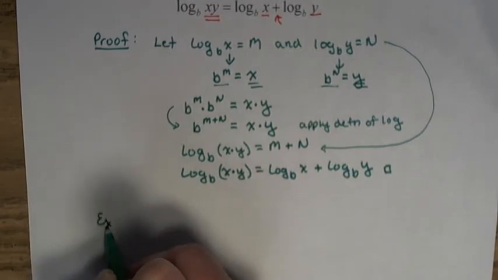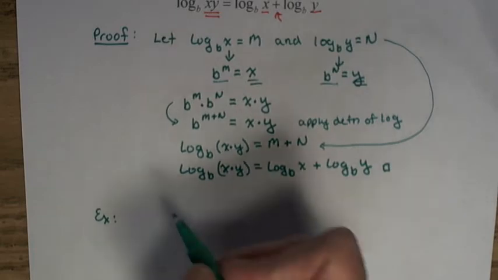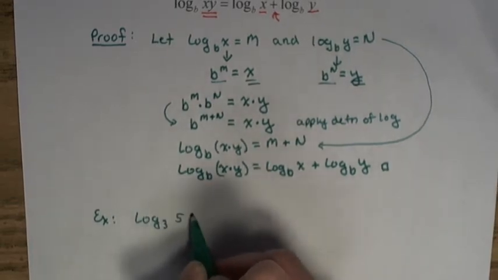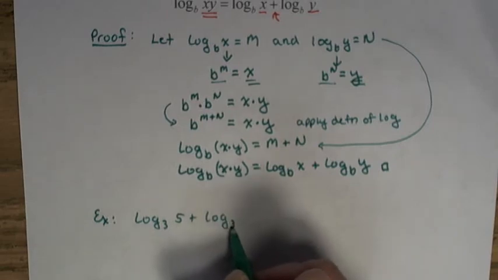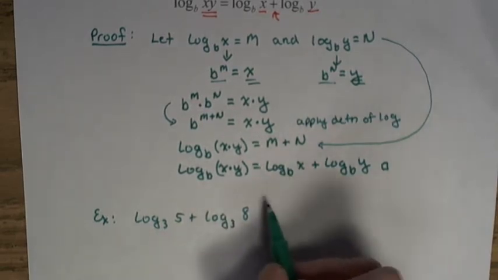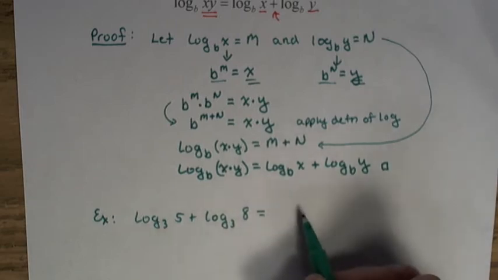So the first example I'd like to look at and try to simplify is log base 3 of 5 plus log base 3 of 8. In this particular case, I'm actually going to take the property and use it to what we call condense this particular log. In other words, I want to rewrite this as a single log.